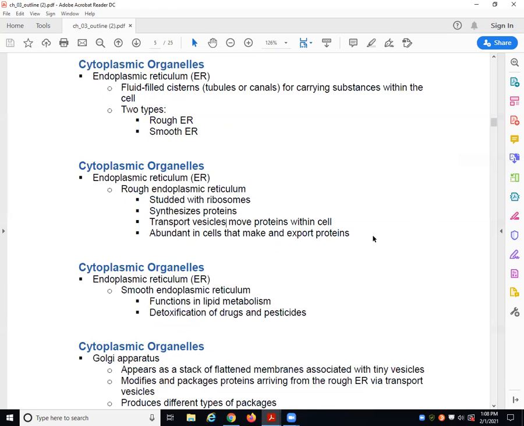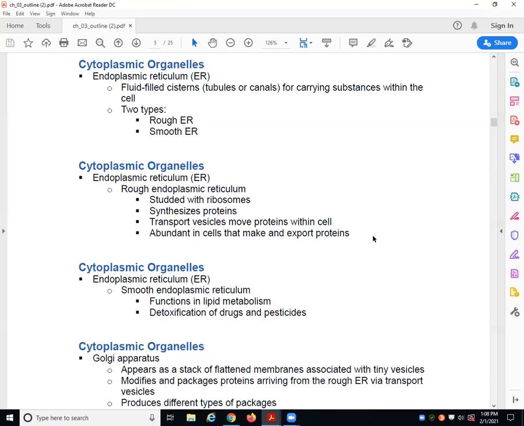They're not really bubbles, they're spheres, but they look like a bubble. And they move proteins to other locations inside the cell. And rough ER is going to be abundant, meaning you're going to have a lot of rough ER in cells whose role is to make and export proteins. Remember, what does exporting mean? Do you already know from economics or social studies? Send out somewhere else, right? So that's what the rough endoplasmic reticulum is for.